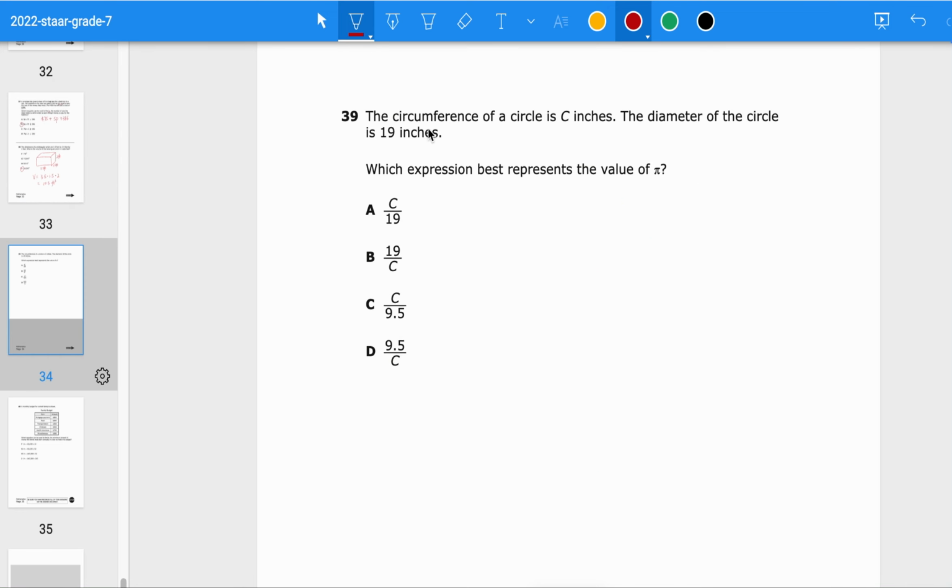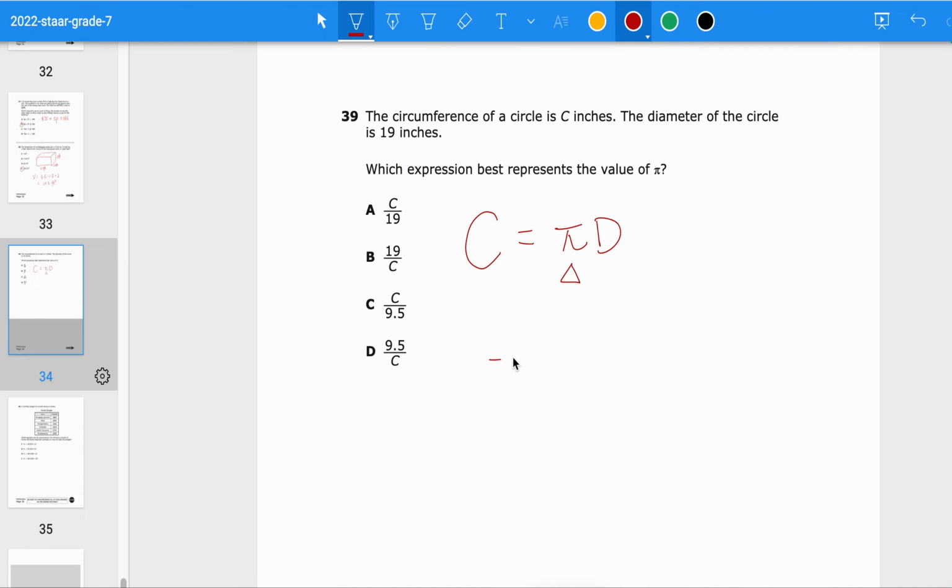Number 39 says the circumference of a circle is C inches. The diameter of the circle is 19 inches. You can go back to the reference sheet to find the circumference formula of a circle, which equals pi times d, right? D is the diameter, pi is here. And then we need to find the expression to represent pi.